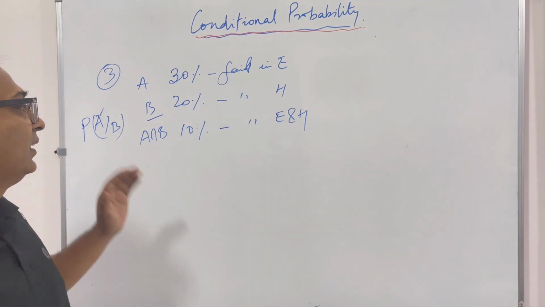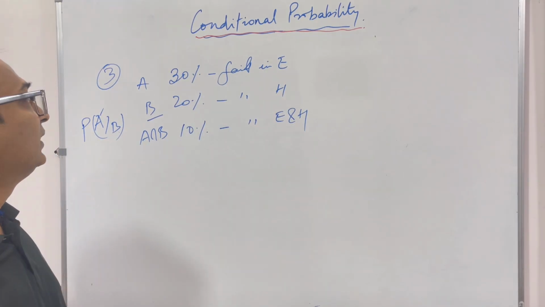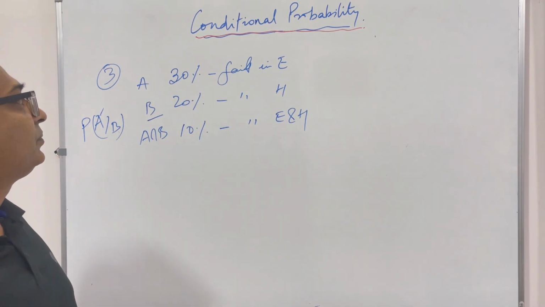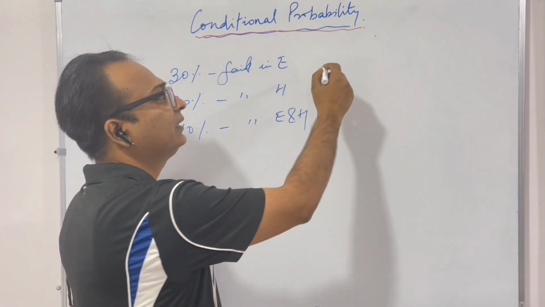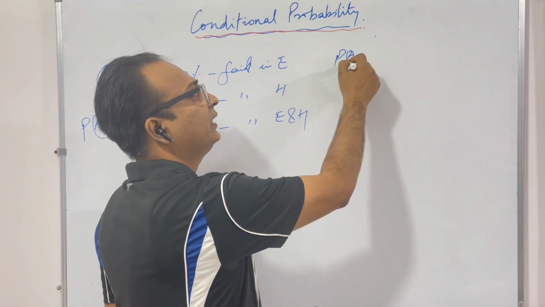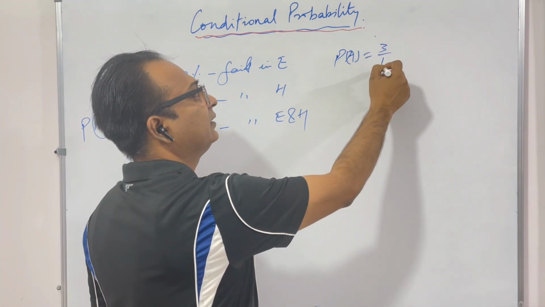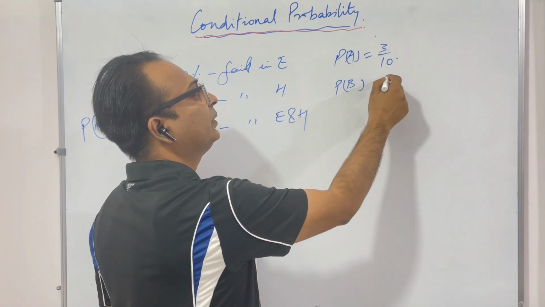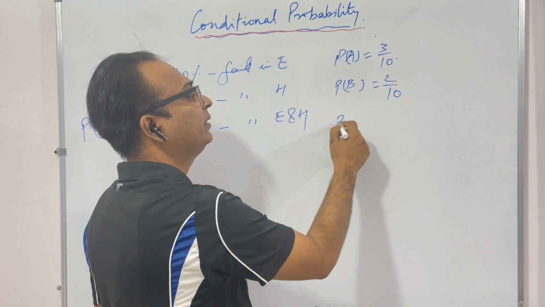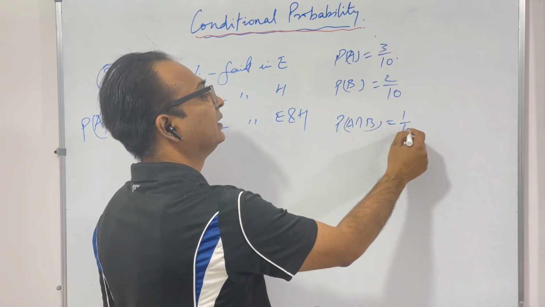This is a compound event. One event is dependent on the other. From here we get that probability of A is 30%, that is 3 by 10. Probability of B is 20%, 2 by 10, and probability of A intersection B is 1 by 10.